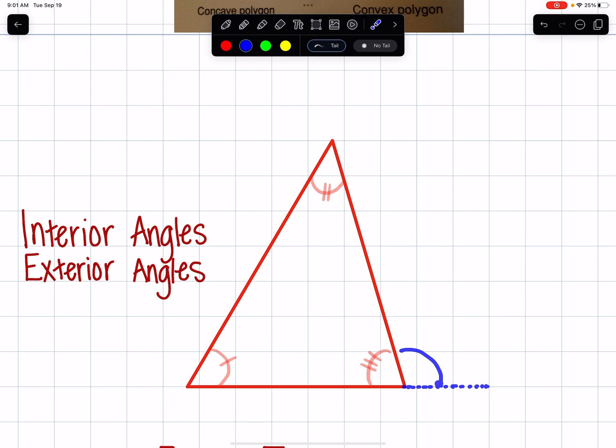So that's one of the exterior angles right here. And the sum of this interior and this exterior angle has to be 180. Of course it does, because it makes a straight line, and a straight line has an angle of 180. Like if you're driving down the road and you make a 180 degree turn, it wants you to turn around and go in the other direction. That's a 180 degree turn.